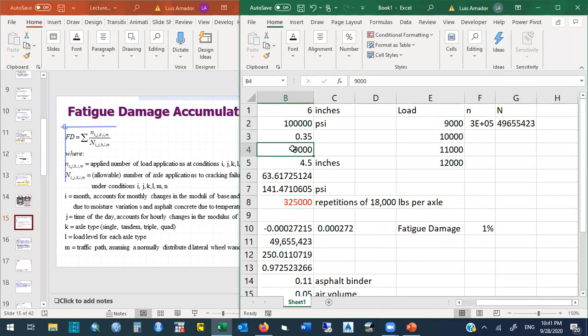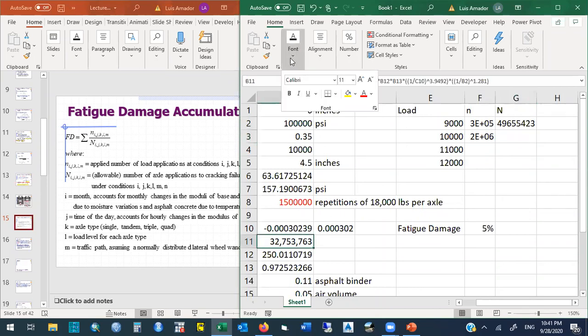If your load increased to 10,000 and you have maybe 1.5 million, then you know that you have that amount and the allowable is this one.